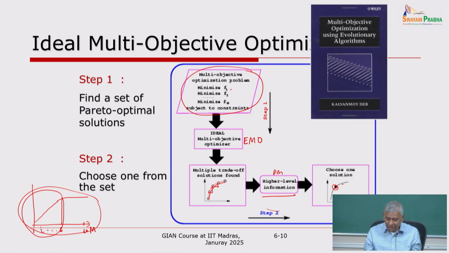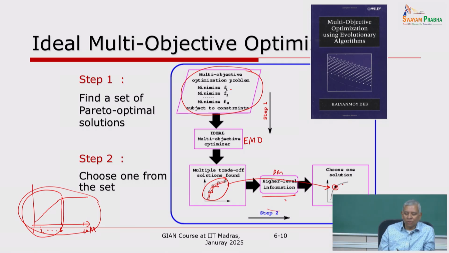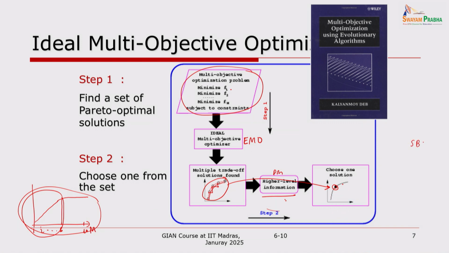But this thing will come, and decision making involves humans, so we also have to look at the limitations of the human. This is not an easy task, to get from these solutions back to one. I am not undermining that, but a lot of people in the computing area, computer science, I should give you this example. Search-based software engineering: software engineering is a big area, right?